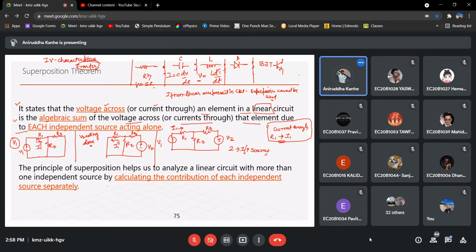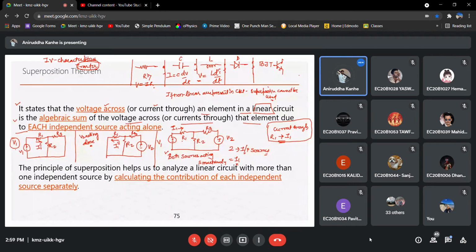If I'm interested in knowing the current through a certain resistance, let us say in this case R1, then the current flowing when both the sources are acting simultaneously, let us say this current is I1.